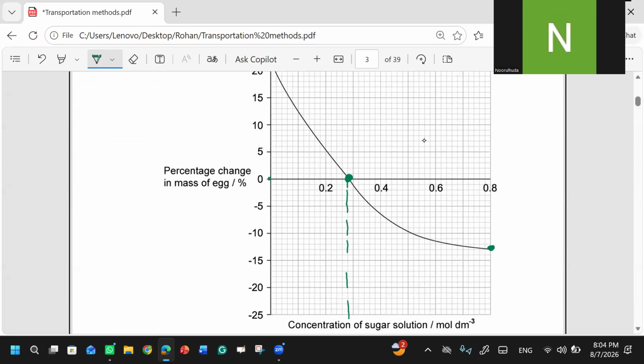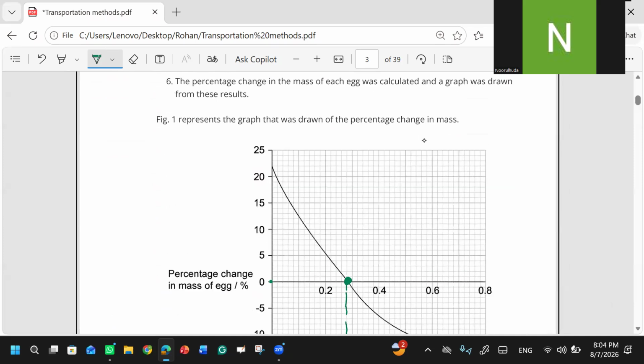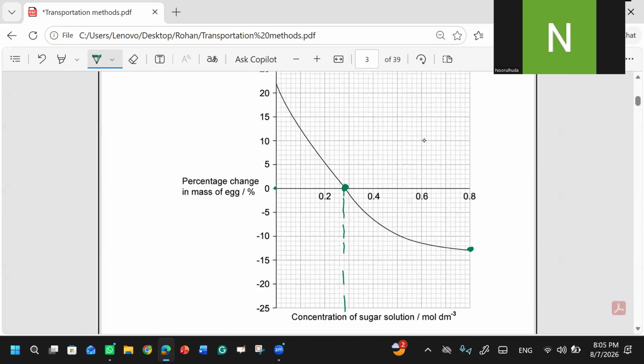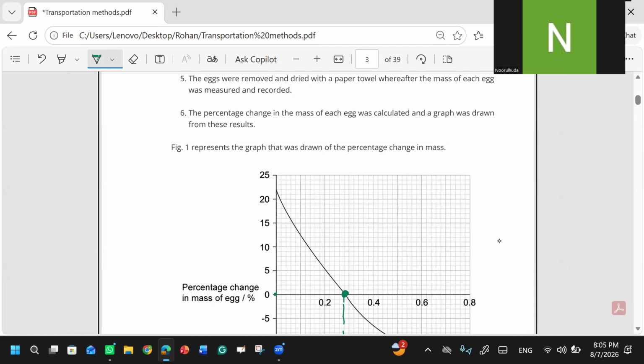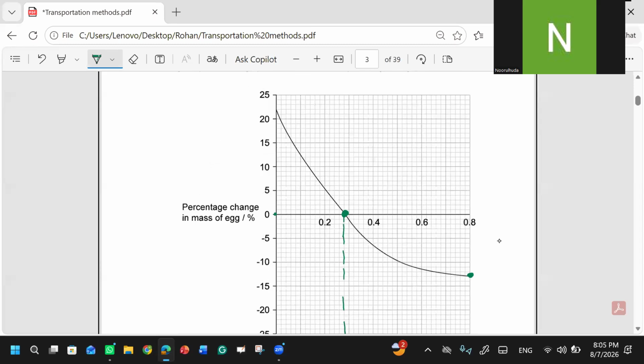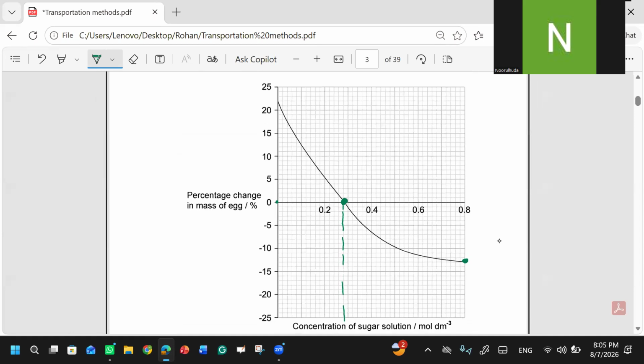Maybe because of the concentration of sugar. No, otherwise we are saying the concentration is increasing afterwards, isn't it? So why at this point is the percentage not changing? What is meant by percentage change in mass? What do you understand by this?